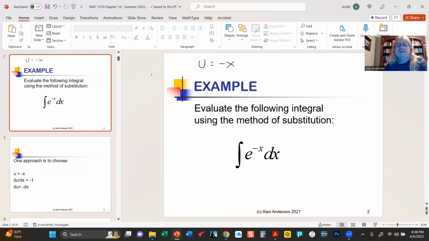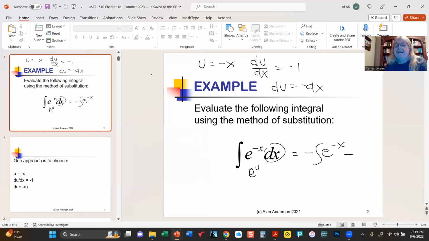If u is minus x, du/dx is minus 1, and du is minus dx. Now, we don't have that, do we? We have dx. So this is e to the u, but this is not du. So what we can do is rewrite this as negative integral of e to the minus x times minus dx.